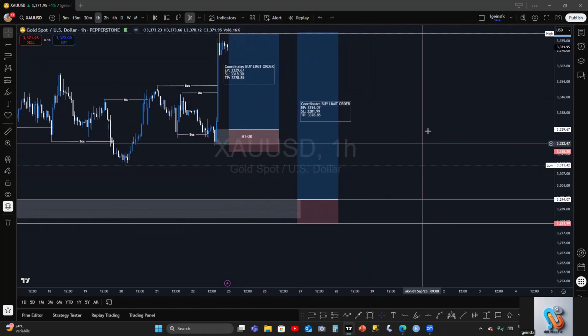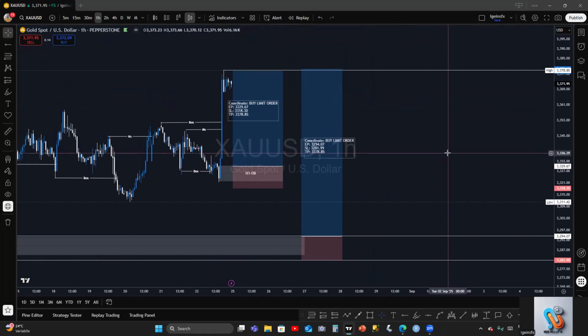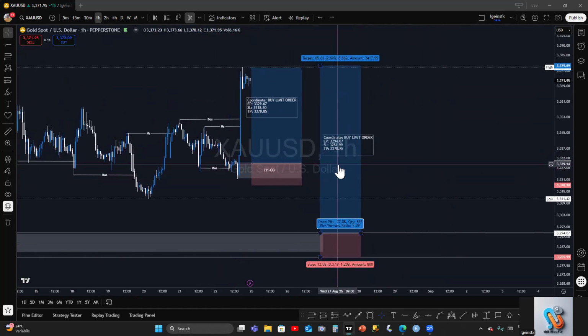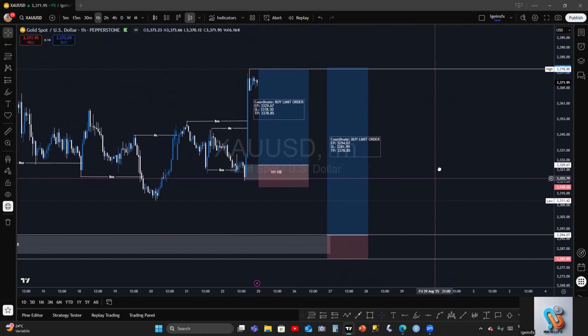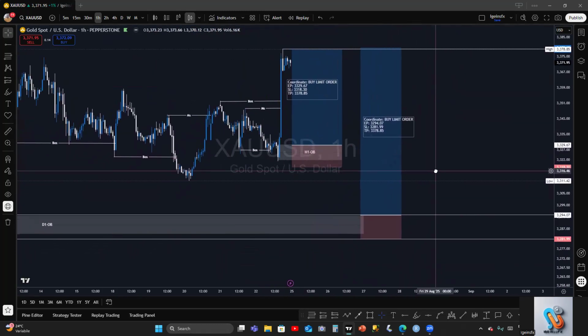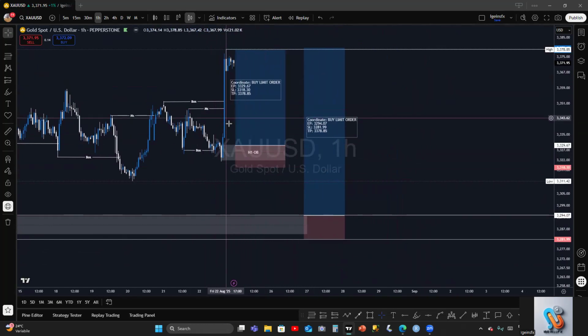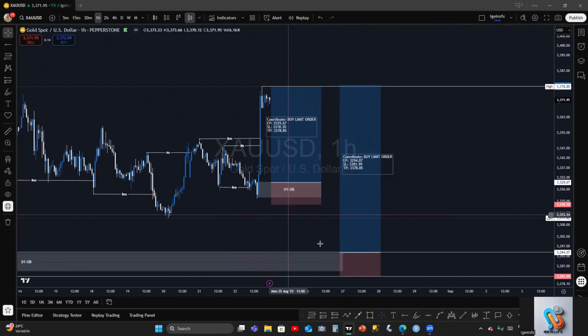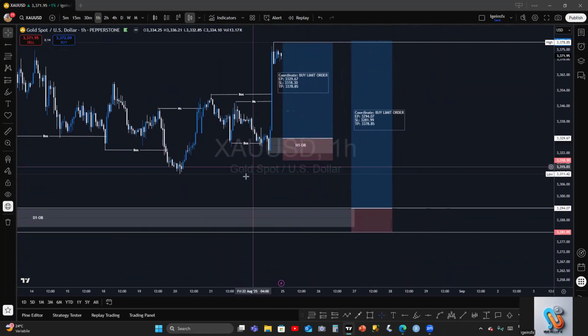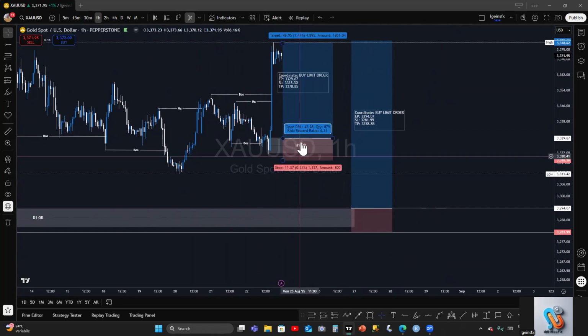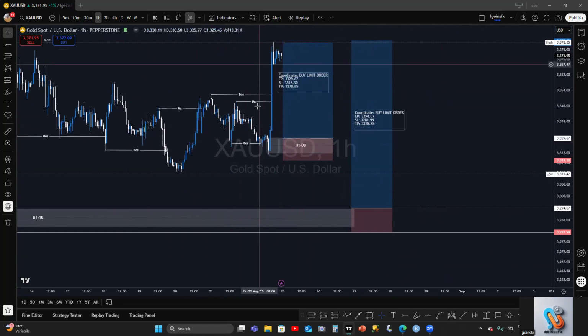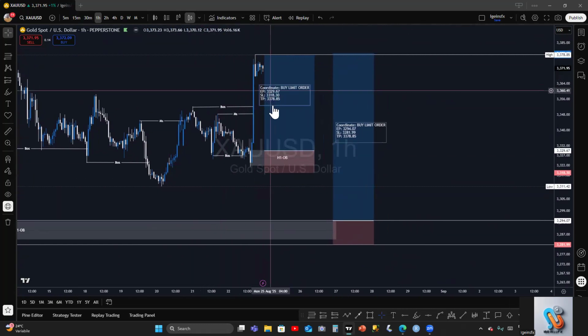Everything is now left for you to decide. Either you wait for this or you go with this. Either way, both are set up. This one will fill first, because now price is making its way down.